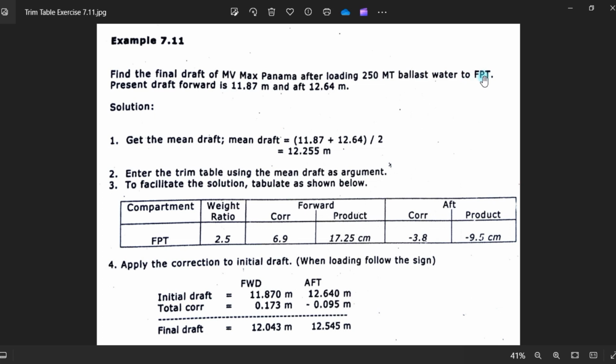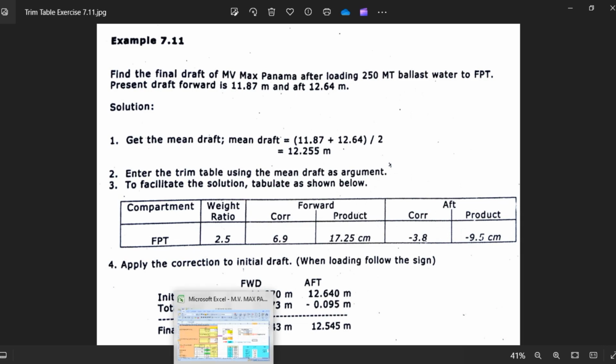What will be her draft after loading 250 metric tons of ballast water in the forepeak tank? The initial draft forward is 11.87 and aft is 12.64. So this is exercise 7.11. Let's investigate with our program. So we start with this one.